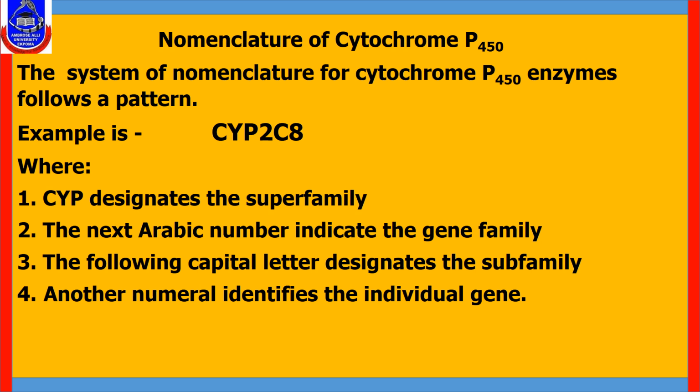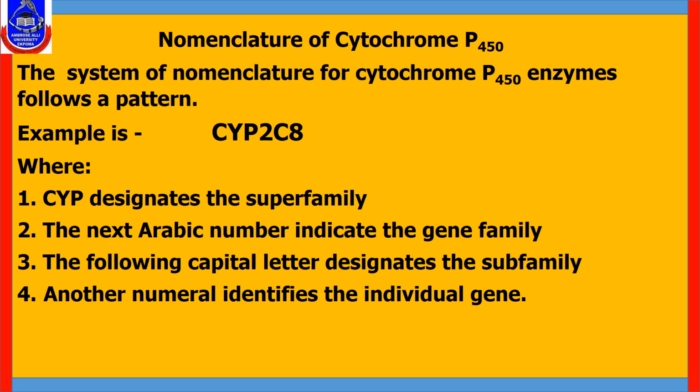How are cytochrome P450 named? The system of nomenclature for cytochrome P450 follows a pattern. For example, you have here CYP2C8. The CYP designates the superfamily.